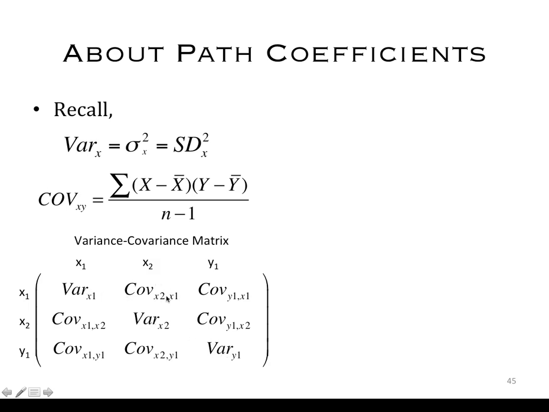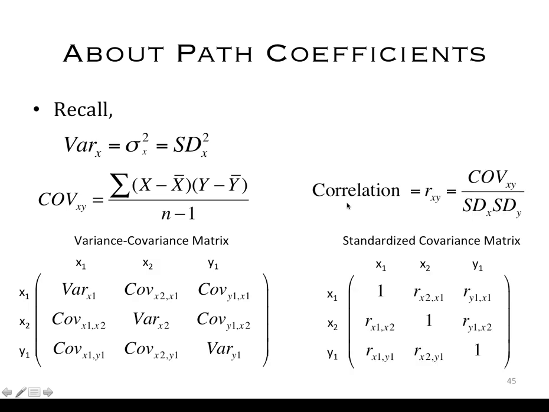And then this covariance has to do with the relationship between x1 and x2 in this case, between x1 and y1 in this case, and then here between y1 and x2. And this is basically the mirror of what's going on in the top triangle and the bottom triangle. We've got the covariance of x1, x2, and so on. All right, so this is the variance covariance matrix.